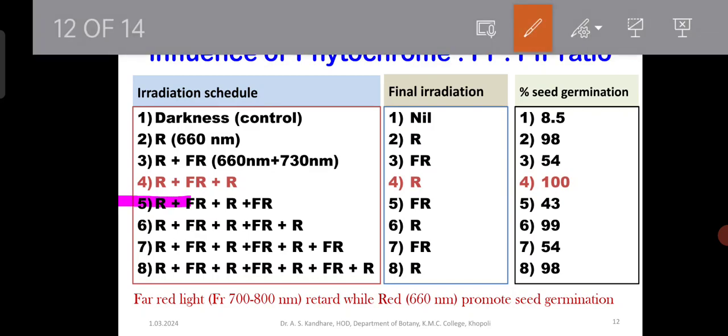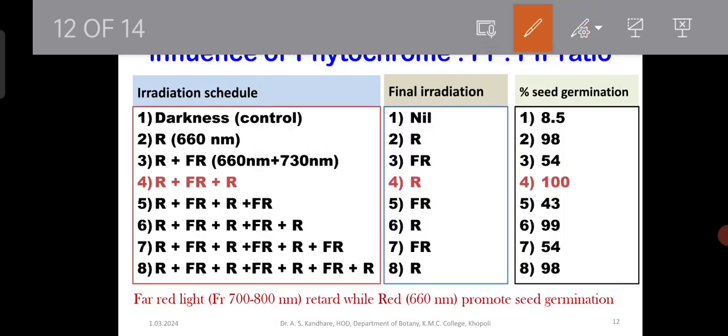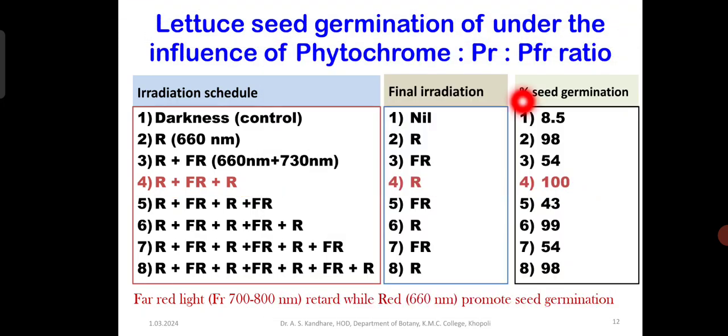So you have to note down this specific red, far red ratio, and this kind of ratio is required for establishing 100% seed germination. So in this way, this indicates the vital role played by phytochrome, red and far red forms.